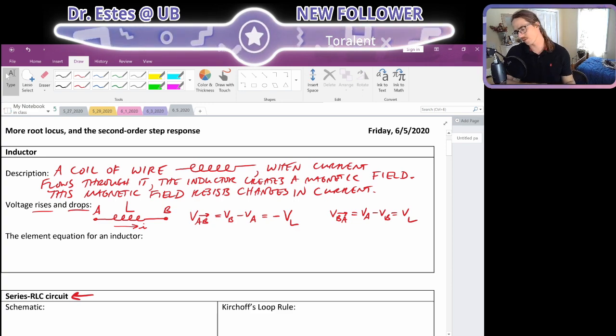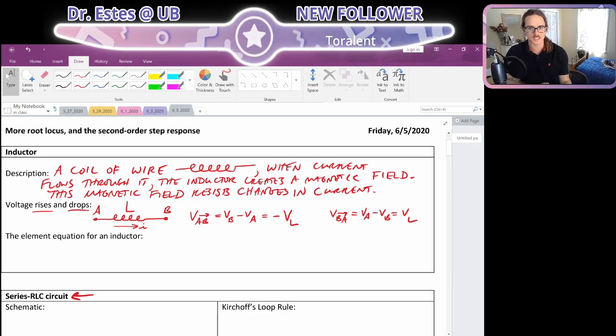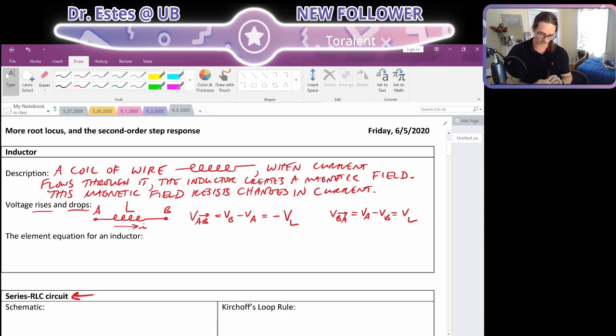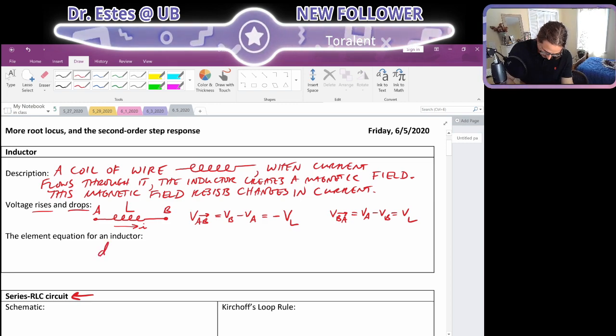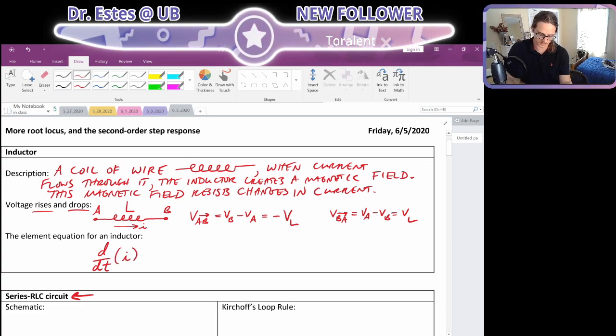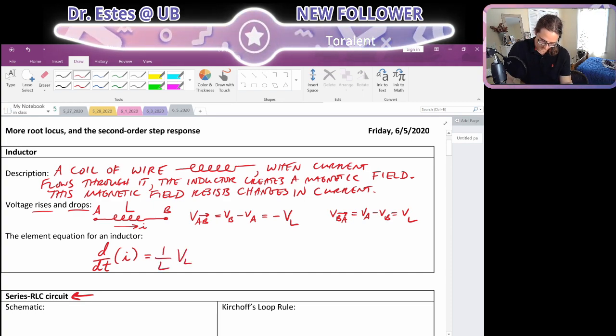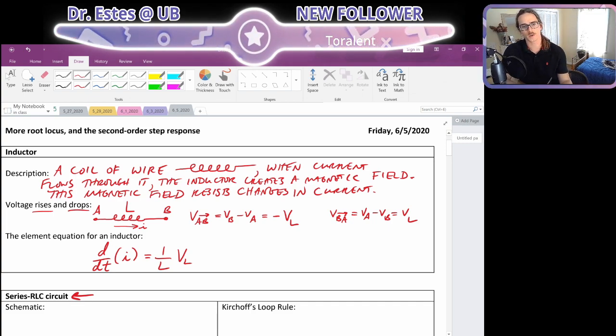Another fancy word for this equation, I believe, is the constitutive equation, however you say that. The time derivative of the current going through the inductor is equal to 1 over L times that voltage difference across the inductor.